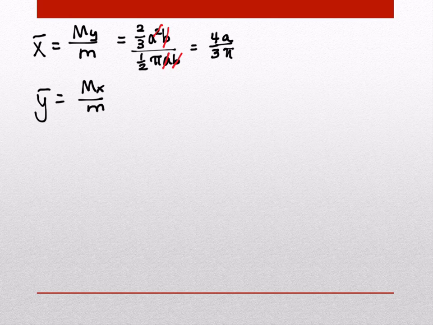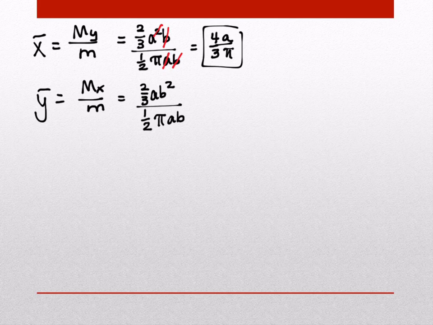Does that look right to you guys? Okay, excellent. And then we have m sub x. So what was m sub x? 2/3 ab squared over the same m from the previous work, 1/2 pi ab. And this looks very familiar, but this time it's the b that remains. The a completely cancels.